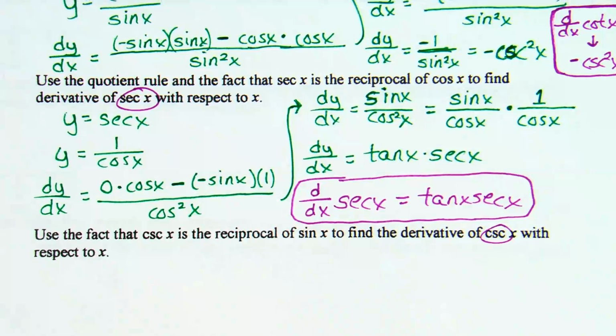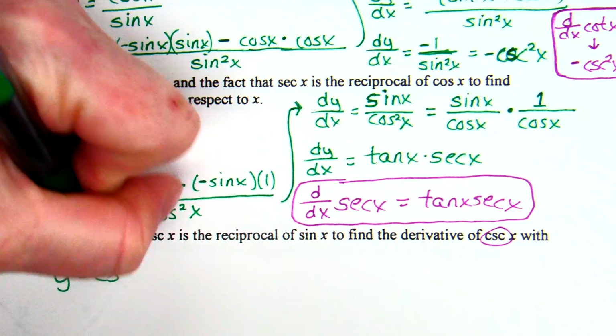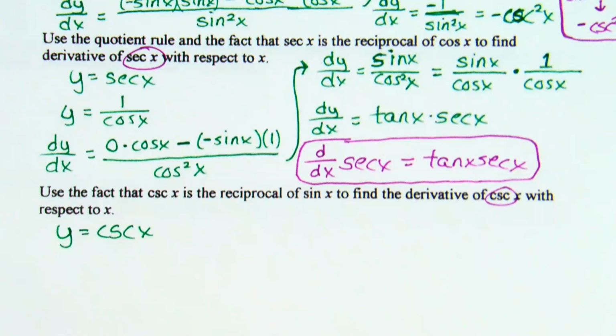Okay. So we are starting y equals cosecant x. It said to use the fact that we know the reciprocal of cosecant. What's the reciprocal of cosecant? Reciprocal of cosecant is sine. So this is 1 over sine x. We're ready to do our derivative? Okay.